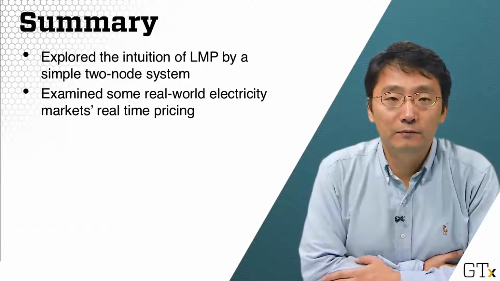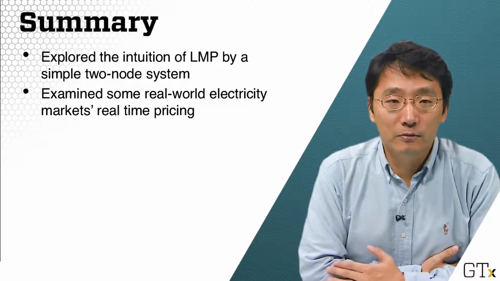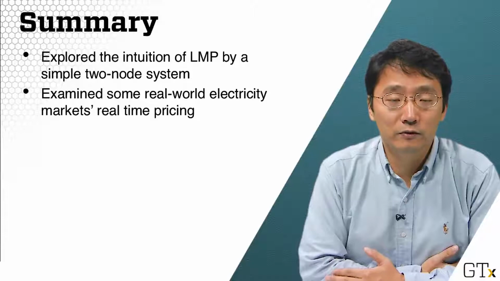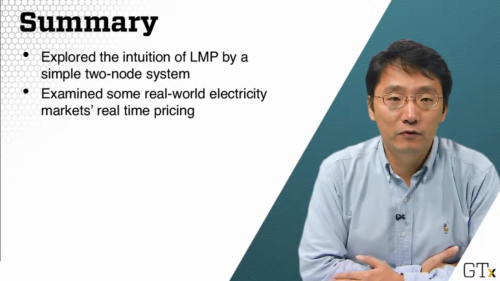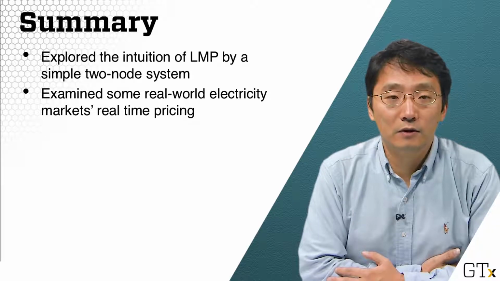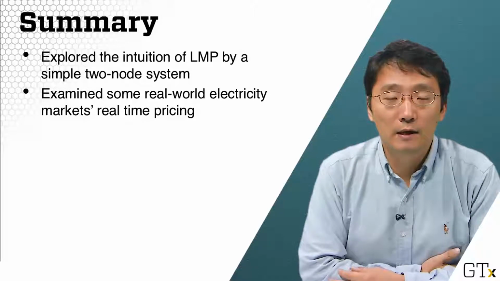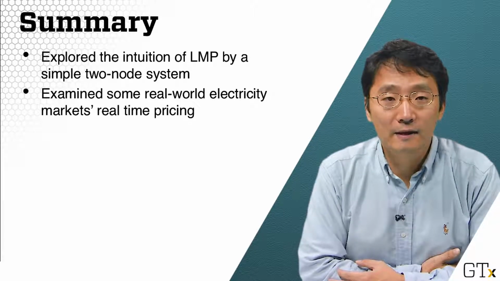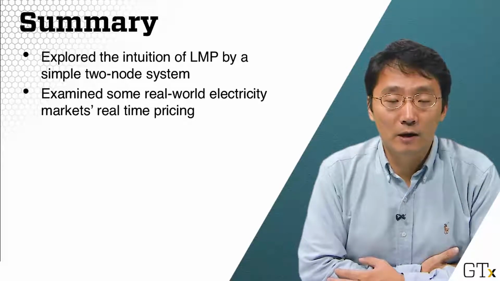So to summarize, we see that these LP models and locational marginal price dual variables are actually used every day, every few minutes in this country to clear the electricity markets across the continent. So we see that optimization and the meaning of optimization actually is very important in our real modern society. So this is the end of our discussion on electricity markets. Thank you.